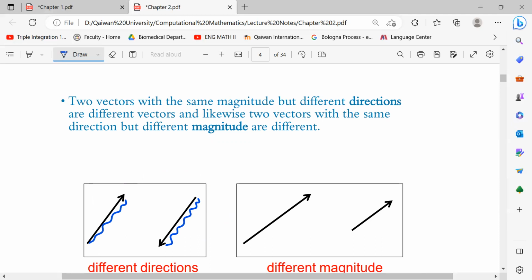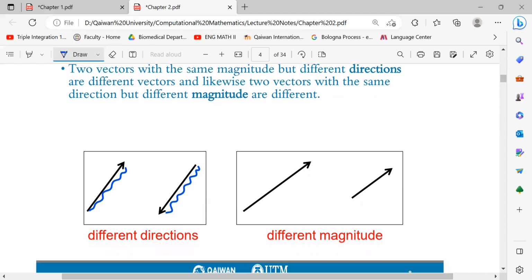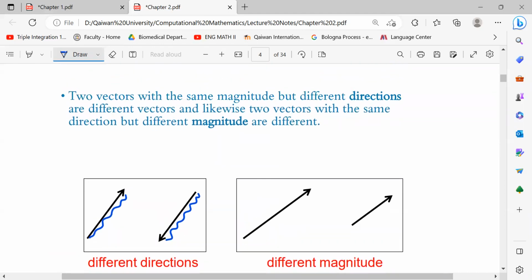But if they are in different directions, we say those two vectors are not equivalent. They are not equal. We say they are different vectors because they have different directions.